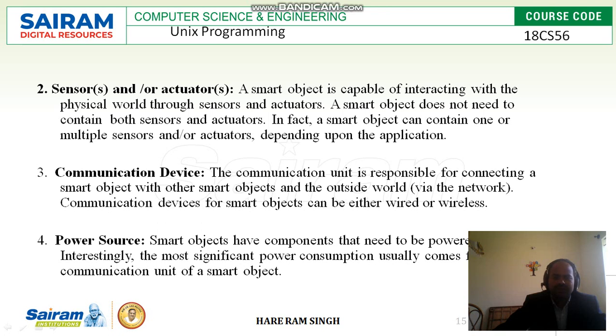So these are the four fundamental units every smart object should have: processing unit, sensor and actuator, communication device, and power source.